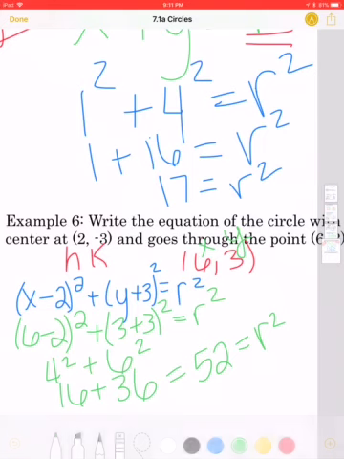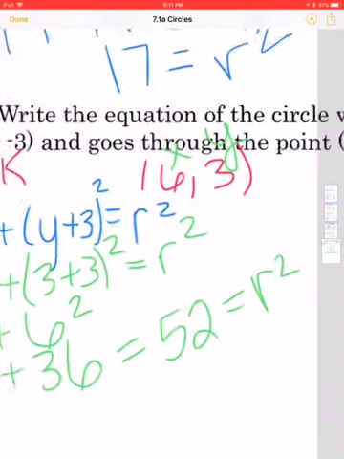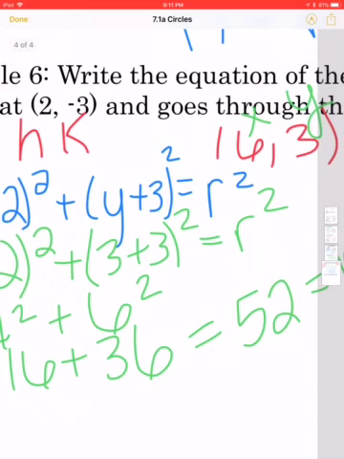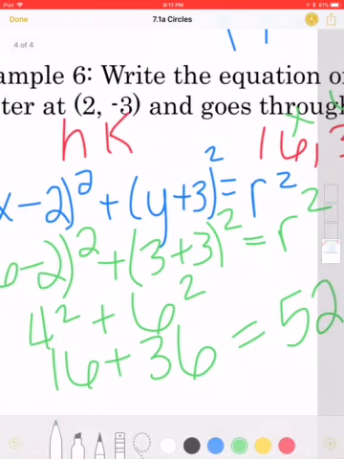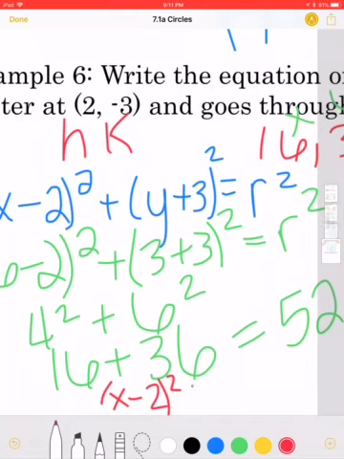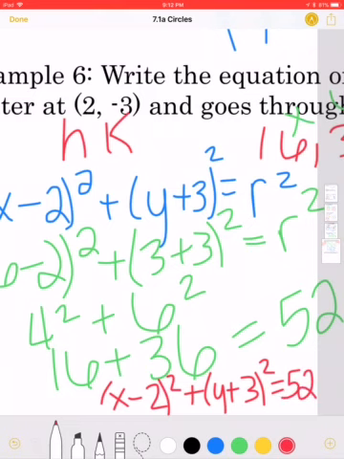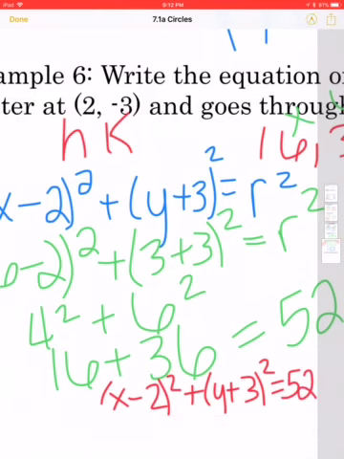So I'm going to have to zoom in here so I can get the answer on. Final answer, plugging this all back in, will be x minus 2 squared plus y plus 3 squared equals 52. So my final answer is there in red.